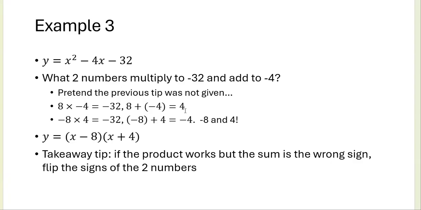Well, we can just make it negative by flipping the sign. So negative 8 times 4 is negative 32, yeah? And then negative 8 plus 4 is negative 4, which matches. So the takeaway tip here is if you happen to get the opposite sign of the sum that you need, just flip the sign of the two numbers. Okay? And the factor form is x minus 8, x plus 4, by the way.